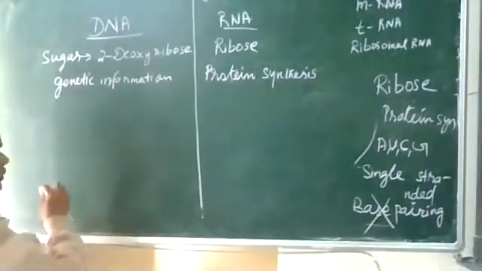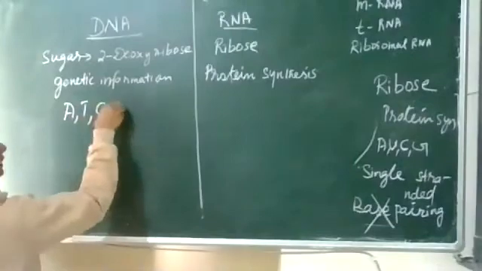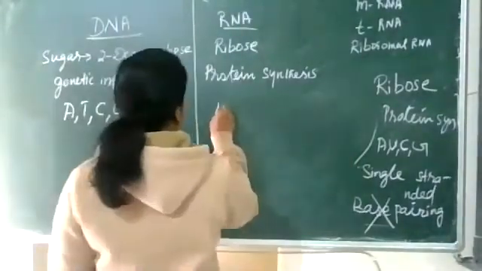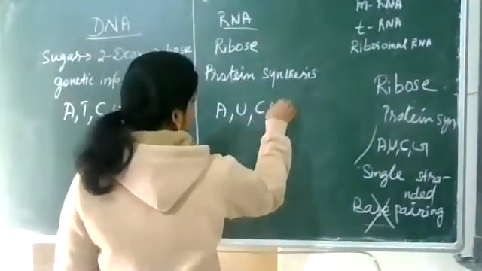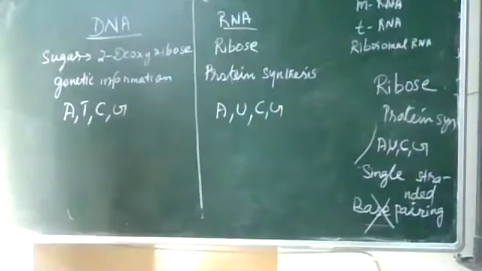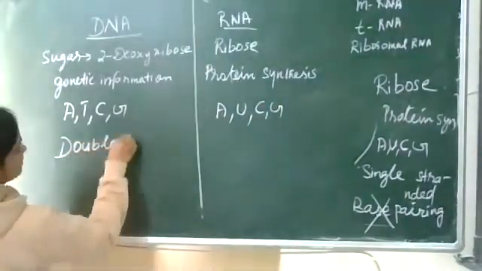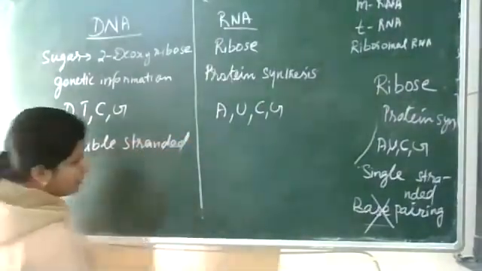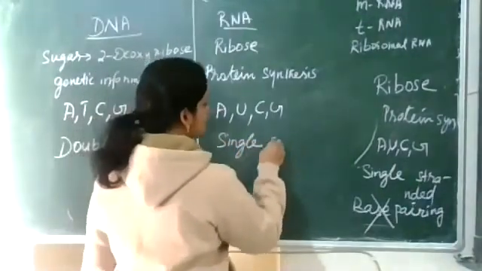In DNA, adenine, thymine, cytosine, guanine are the bases. In RNA, adenine, uracil, cytosine, guanine are the bases. DNA is double-stranded and RNA is single-stranded.